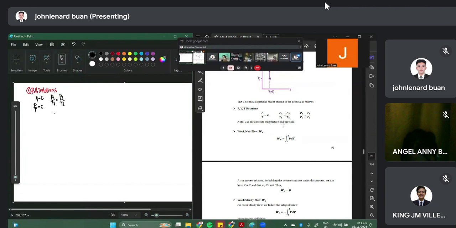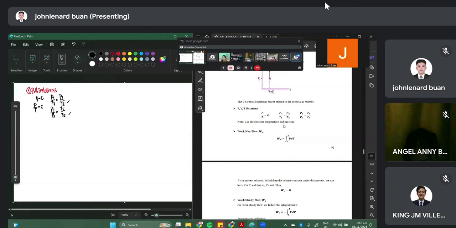Again, this equation is also equal to P1 over P2 equals T1 over T2, by cross multiplying. Kung gusto nyo mabaliktad, it becomes T2 over T1. So this one and this one, they're just the same.